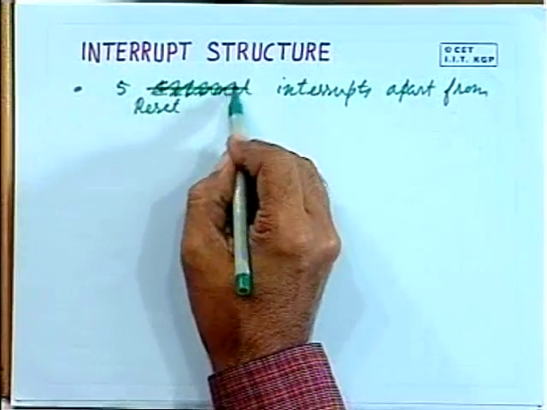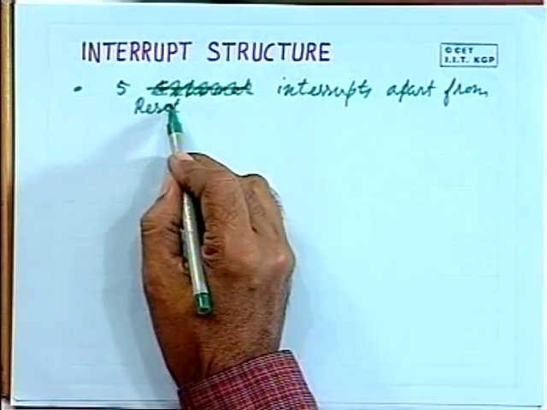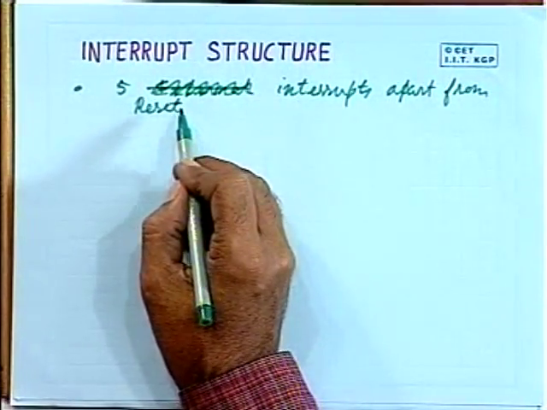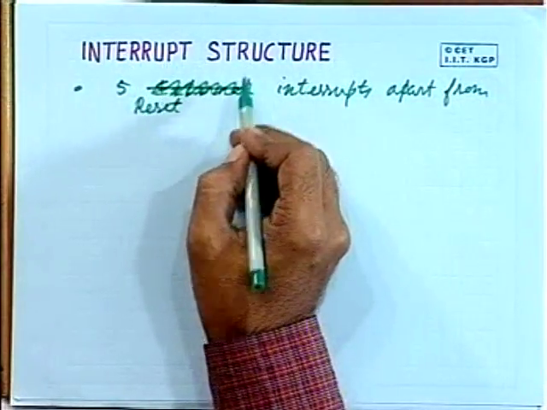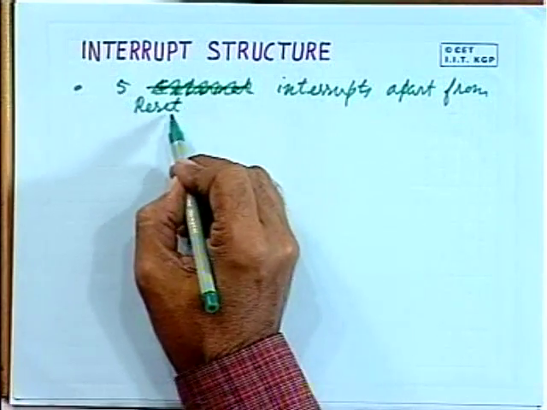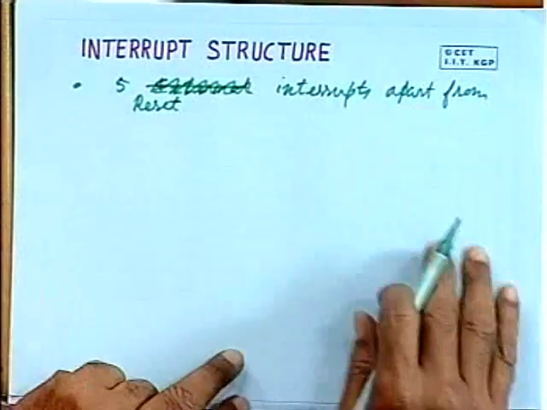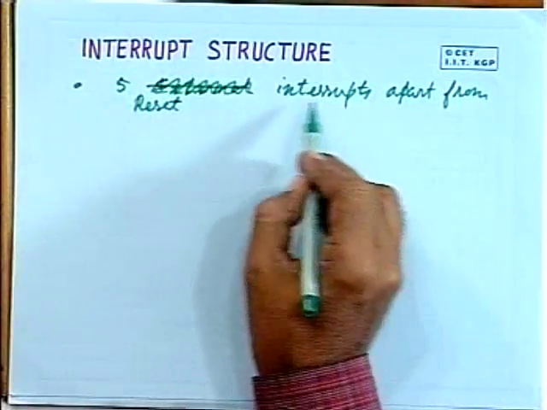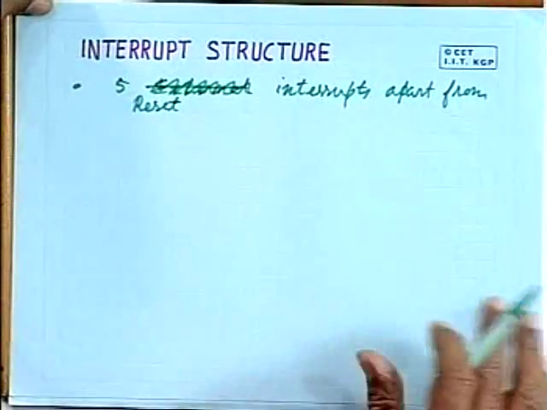So if you consider reset as an interrupt, then the 8051 has got 6 interrupts. However, in some cases reset is not considered as an interrupt, but in some books or manuals you will find that the total number of interrupts provided in 8051 is mentioned as 6. In such a case, reset is included as one of the interrupts. However, you may exclude it in this particular case. We are considering that there exist 5 interrupts.